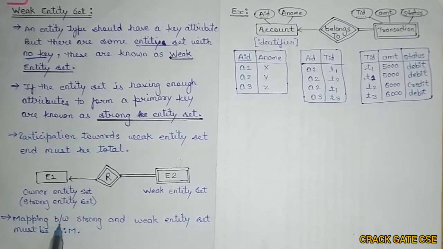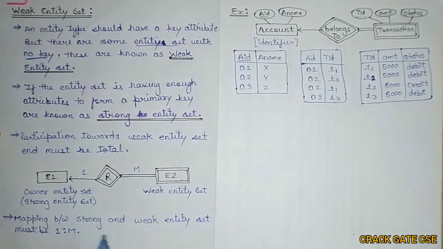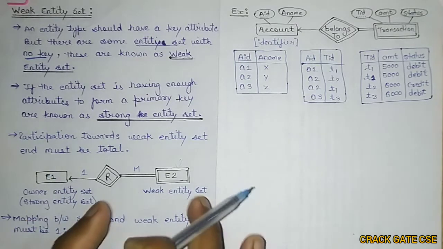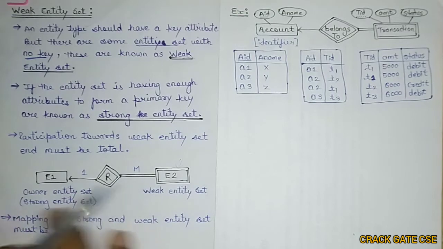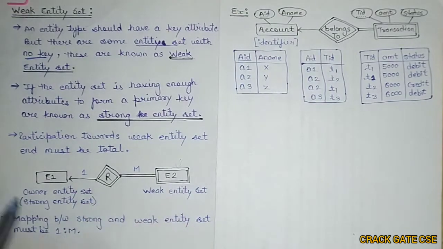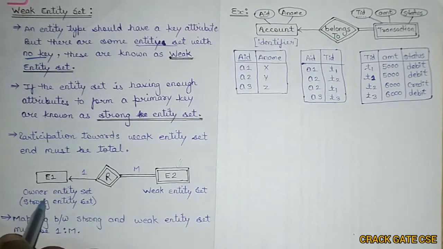Mapping between strong and weak entity set must be one to many. So you can see that this is the one side and this is the many side. What it is saying is that the mapping between strong and weak entity set must be one to many, because this is a weak entity set and this is a part of the strong entity set. That means it is related to this E1. It has its identity on the basis of the owner entity set or strong entity set.